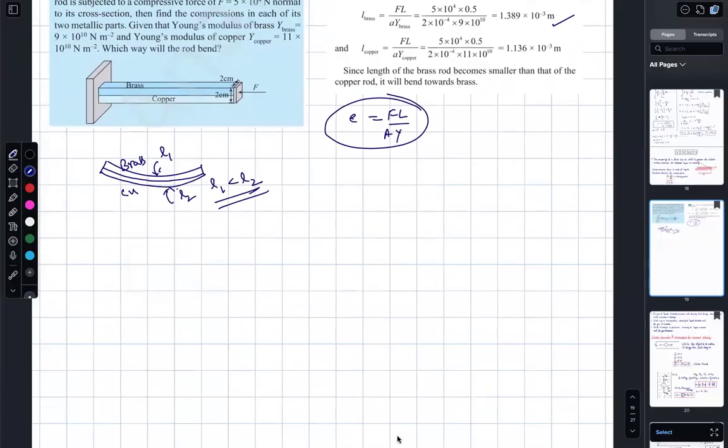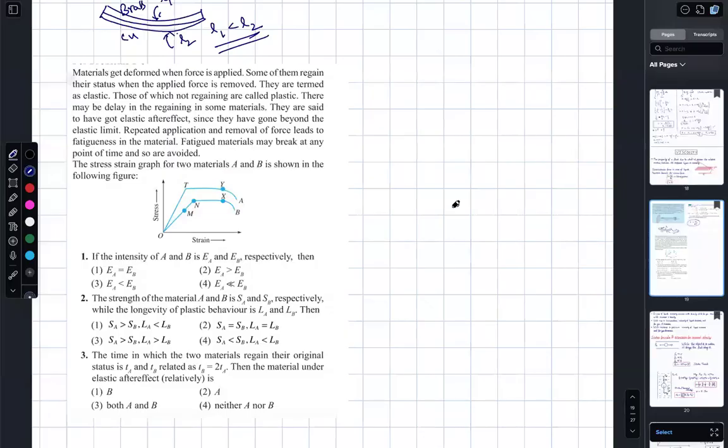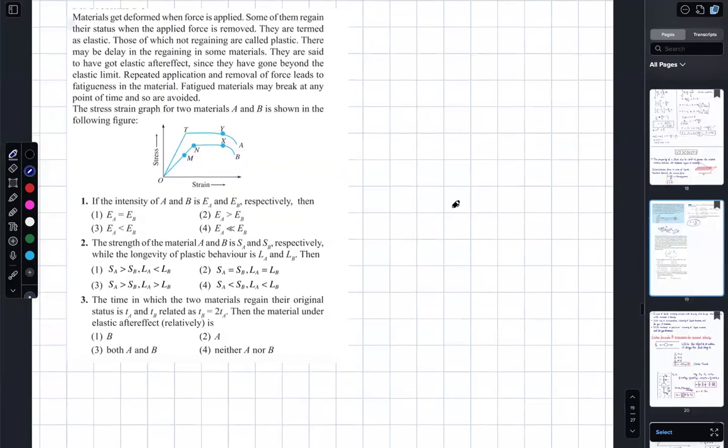This is also another repeated model. Please work on this, everyone in the class.